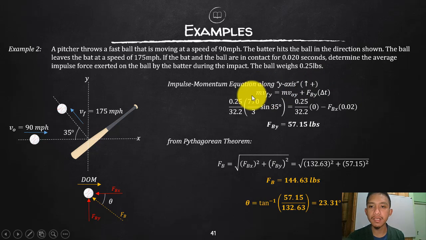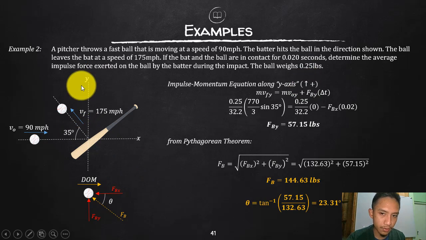So the same impulse momentum equation. Your mass is the same, but your final velocity y, instead of cosine a while ago, which was negative, this time, assuming that going up is positive and your final velocity is going up, is now positive, 770 over 3.